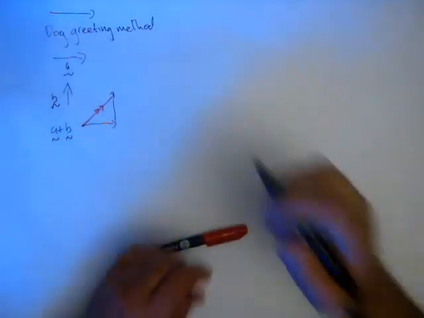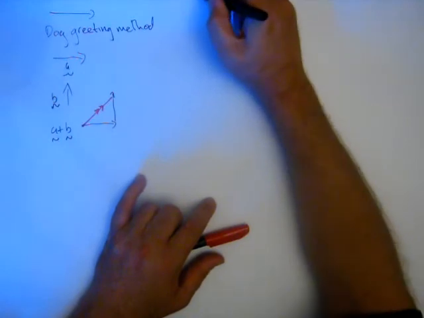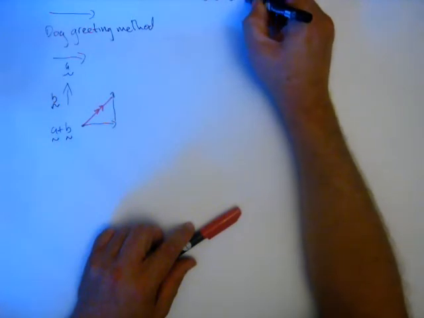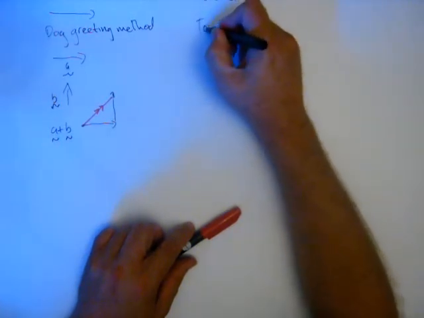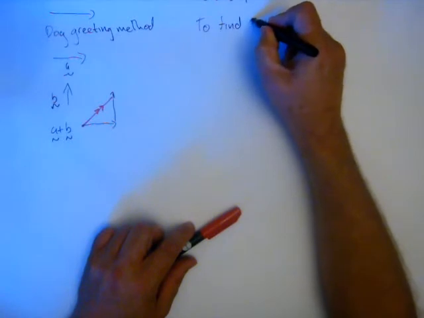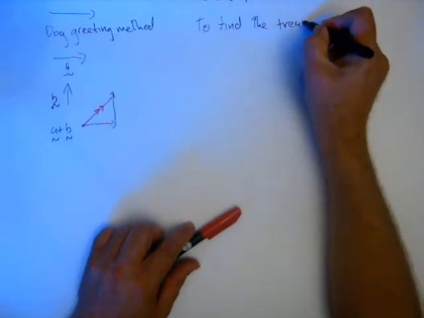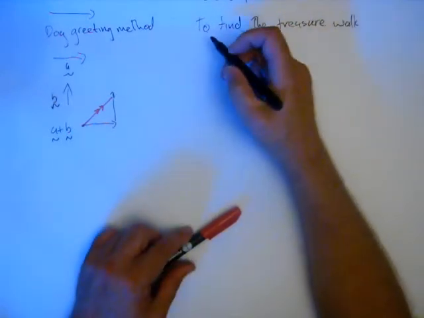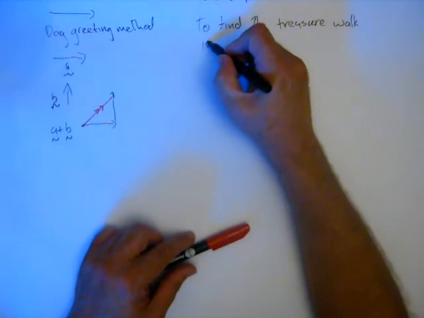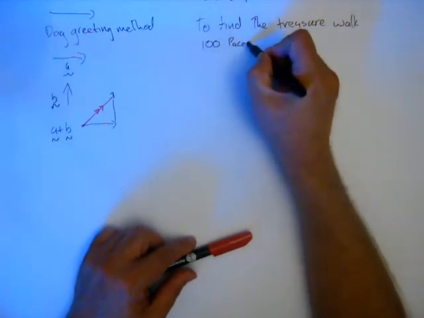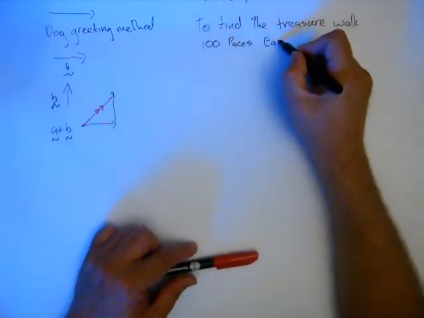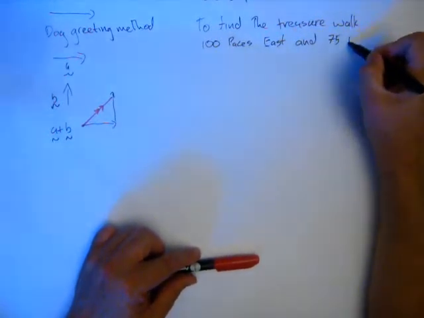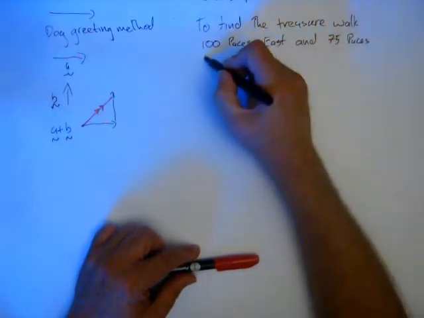So let's say I have a treasure map. To find the treasure, walk 100 paces east and 75 paces north.